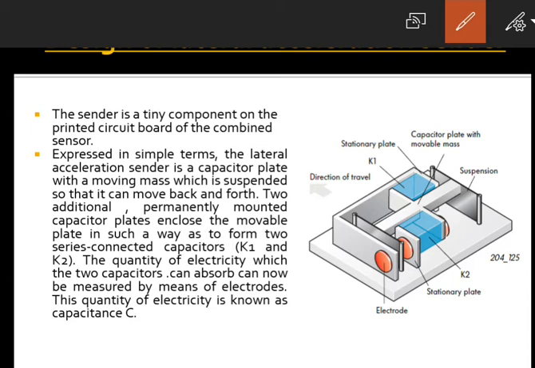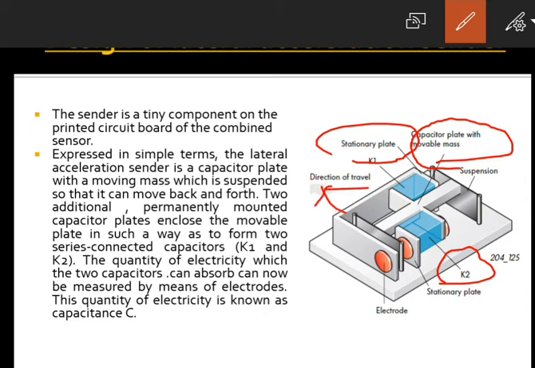Here are some components: this is the capacitor plate with movable mass, this is the capacitor, this is the stationary plate in ideal condition, this is the direction of travel, and this is the electrode.